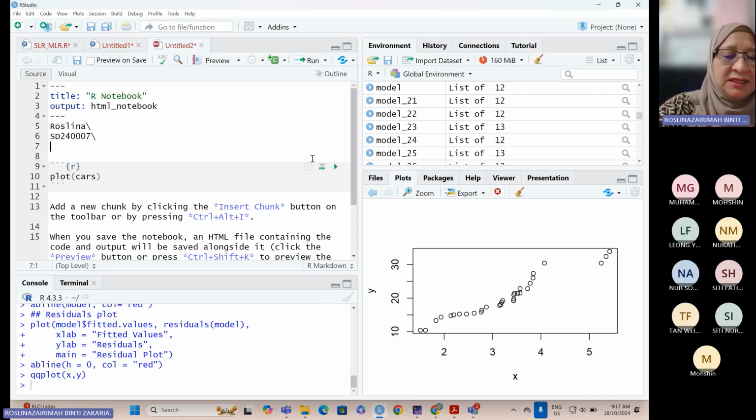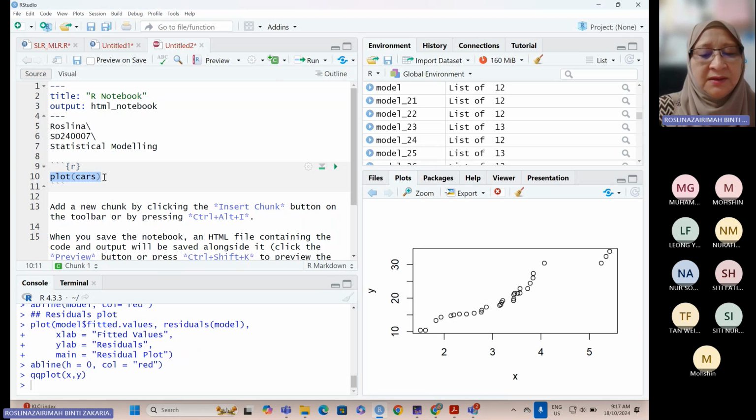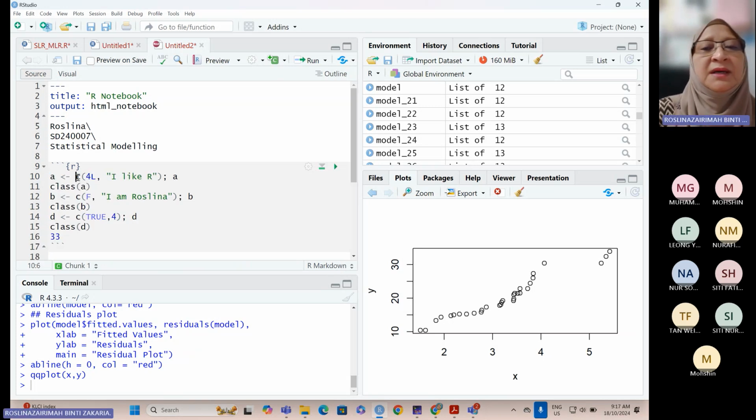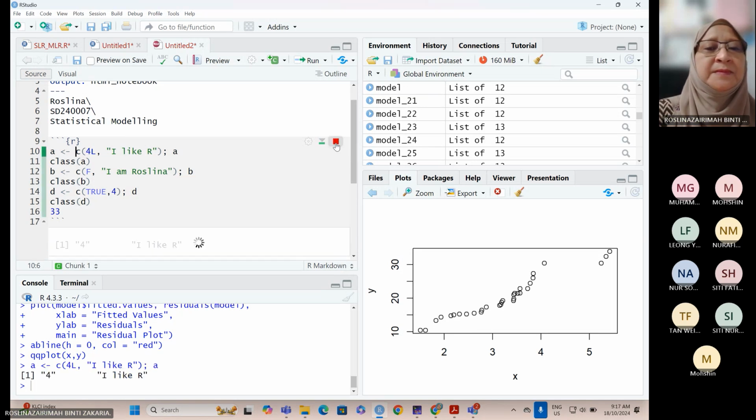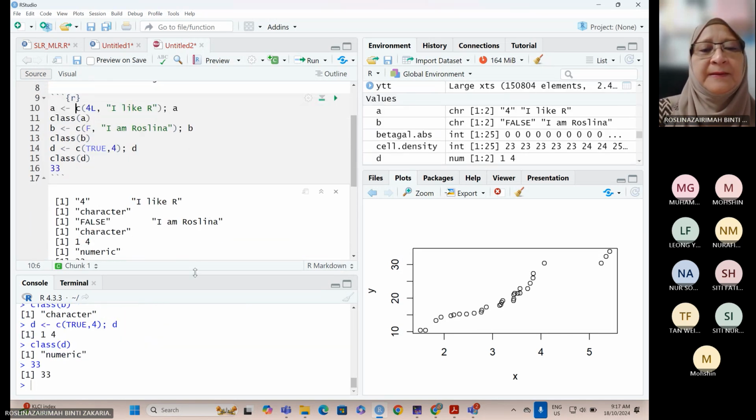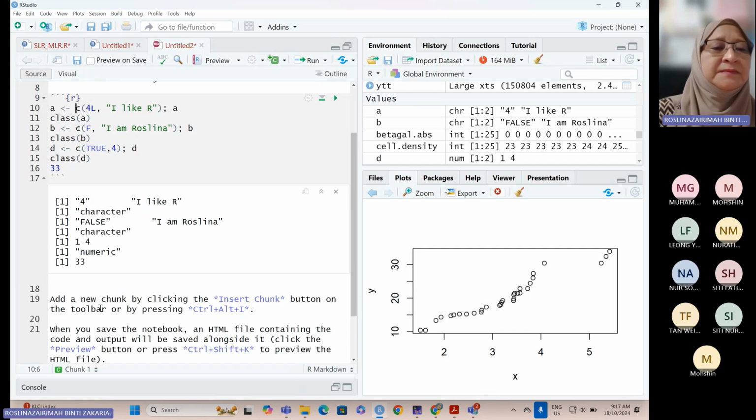And then this is the statistical modeling course, for example. Then I can put my codes.